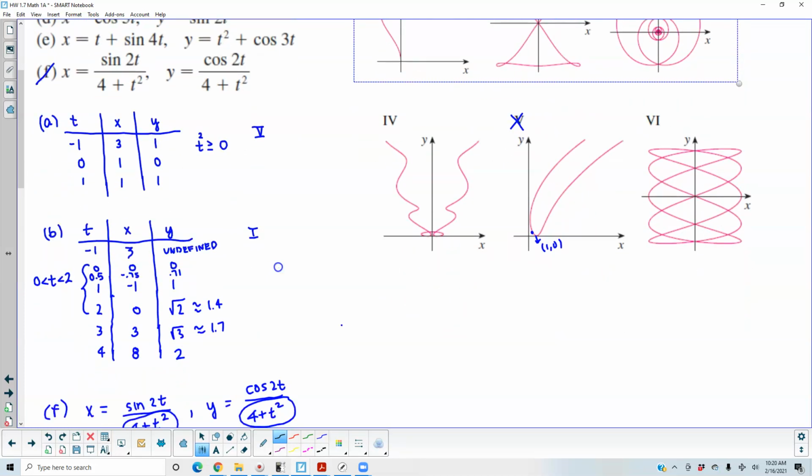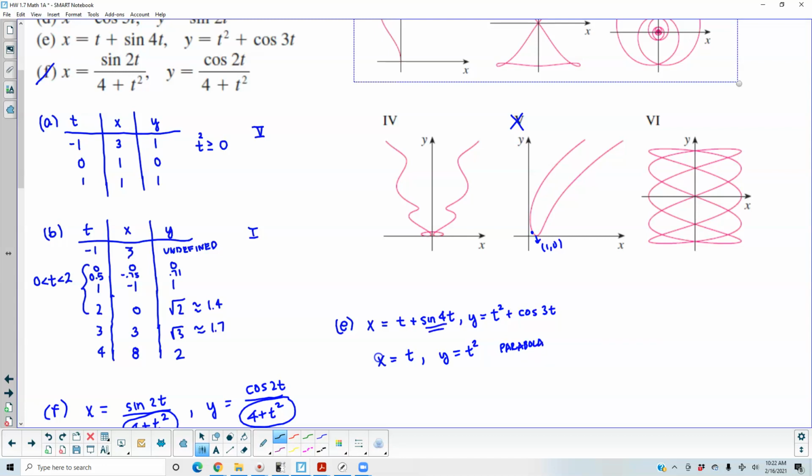We know that E is x, which is equal to t plus the sine of 4t. We know that y is equal to t squared plus the cosine of 3t. So for part E, if we eliminated the trig part of this, x is equal to t, and y is equal to t squared, this is going to form a parabola.